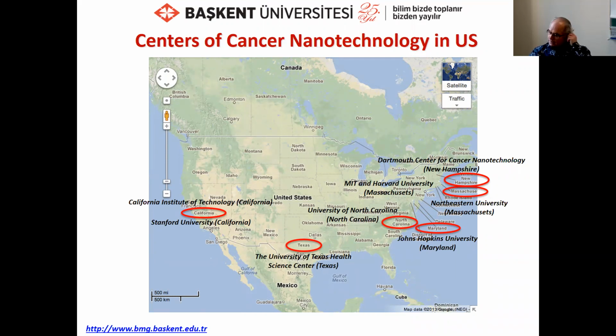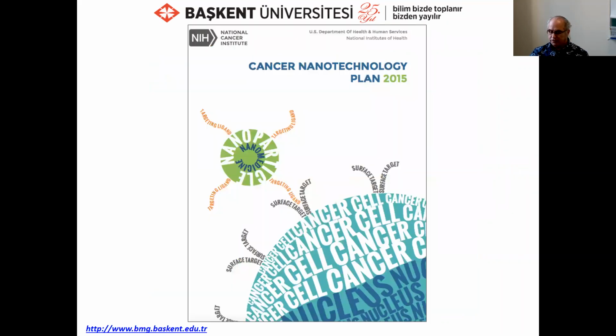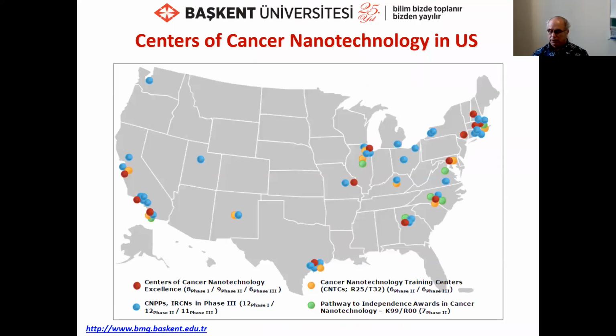If you look at the centers, those are very famous and very productive centers for health sciences and health technologies. After 10 years, around 2015, the National Cancer Institute released a new cancer nanotechnology plan.